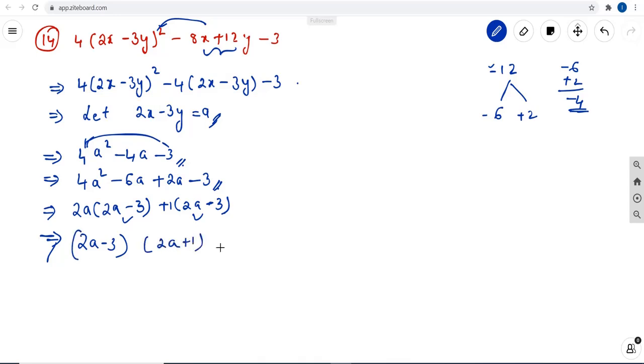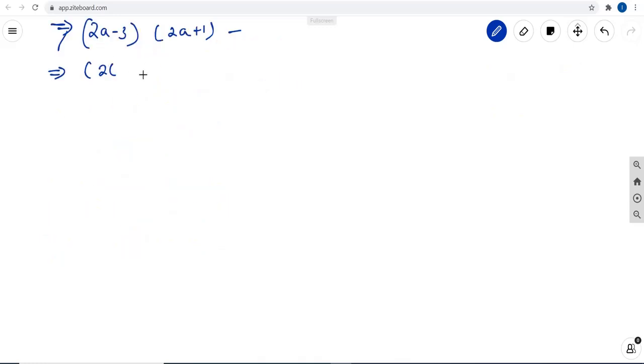Okay, but what is this? a we have taken as 2a minus 3. So we have to substitute that back. What was the value of a? It was 2x minus 3y. Okay, minus 3 is one term. One more term is 2 into 2x minus 3y plus, now we will multiply these two terms.